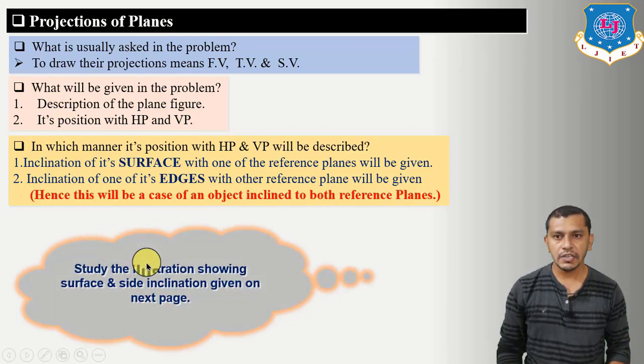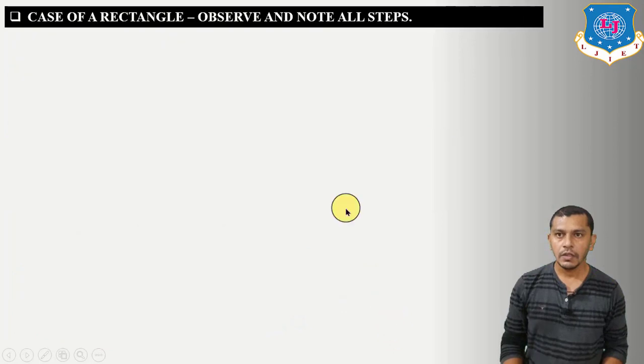Now let us study the illustration showing the surface and the side inclination given on the next page. Here we have taken a case of a rectangle whose surface is inclined to the horizontal plane, and one of the shorter edges of the rectangle is inclined to the vertical plane. So observe all the stages and note the steps.